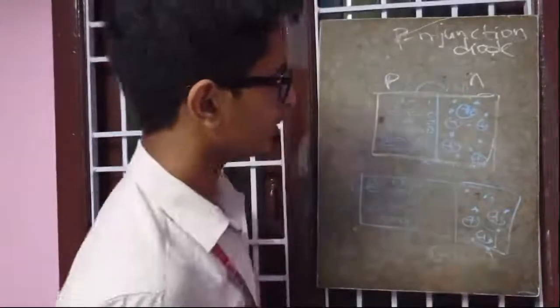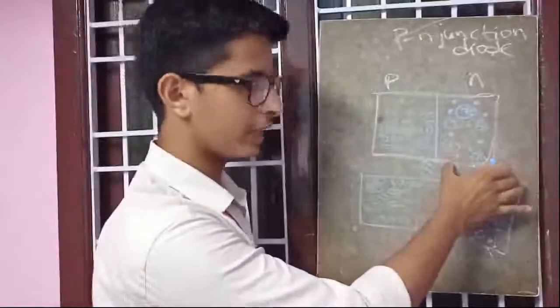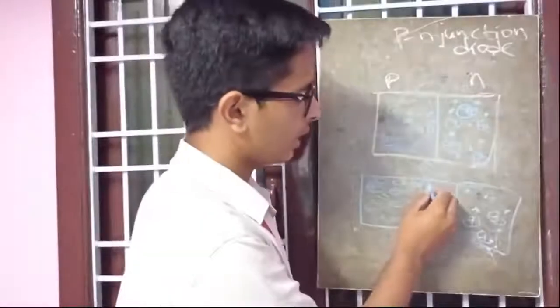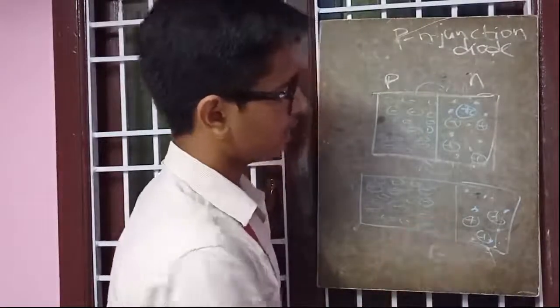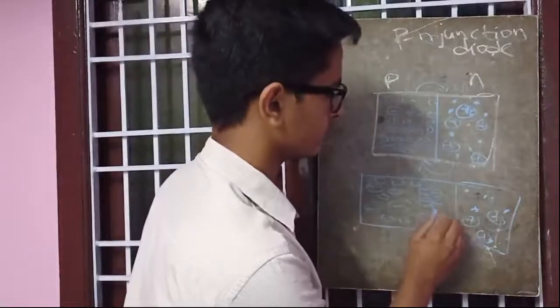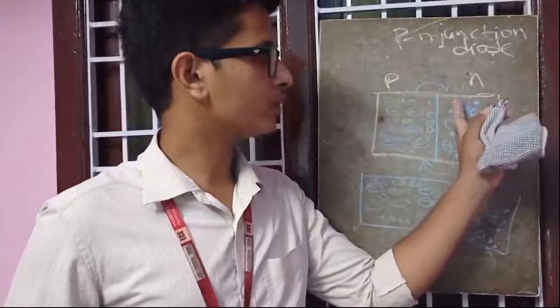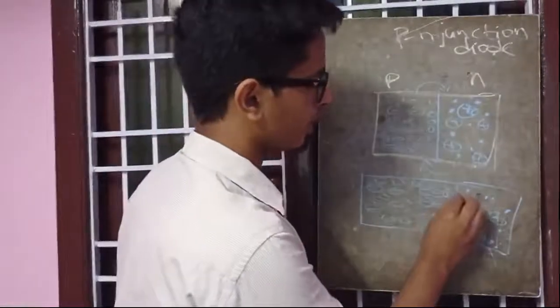In this barrier, as a whole the p-type semiconductor is neutral and the n-type semiconductor is also neutral. Since holes are moving from p-type to n-type, they leave immobile negative charges on the left side, and since the electrons are moving from n-type to p-type, they leave immobile positive ions.